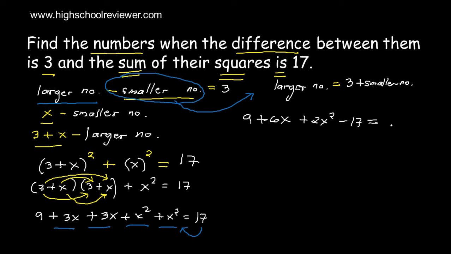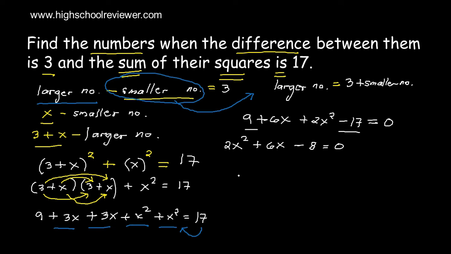So what's left on the right side will now be 0. Rearranging, we have 2x squared plus 6x, and negative 17 plus 9 gives us negative 8, and this is equal to 0.